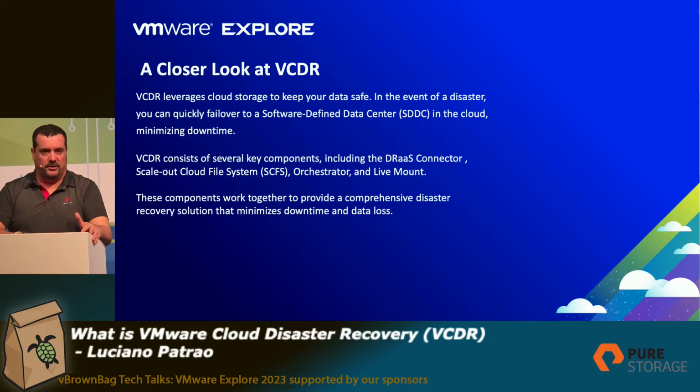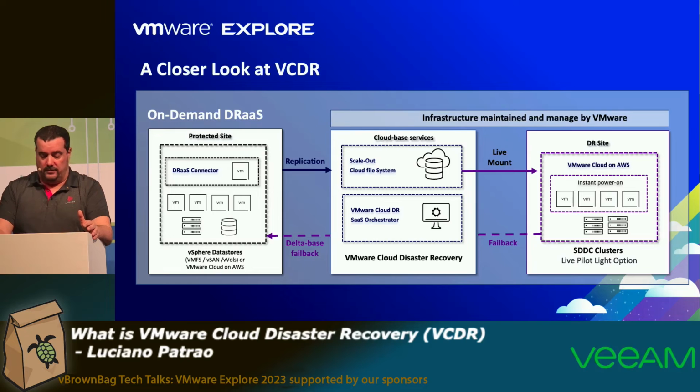That's done by the orchestrator, and we'll go over each one. This is the main design for this infrastructure. And as I said, the cloud-based services on the DR side, VMC on AWS, are maintained and managed by VMware.